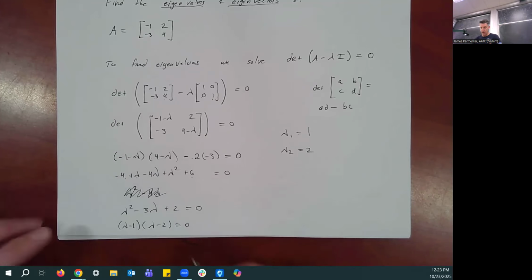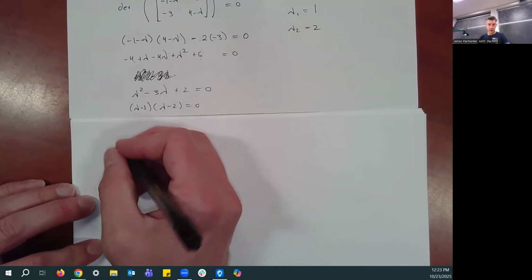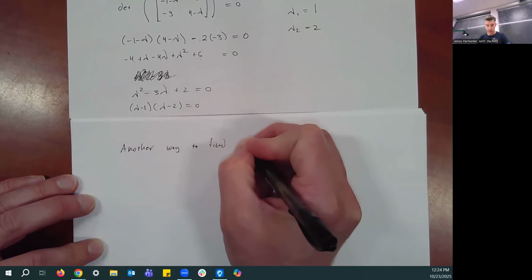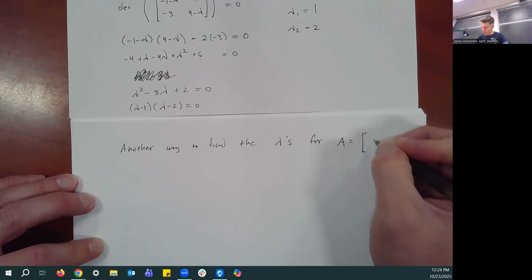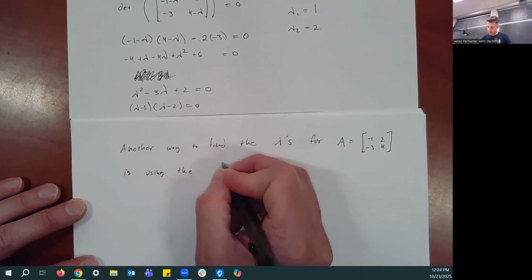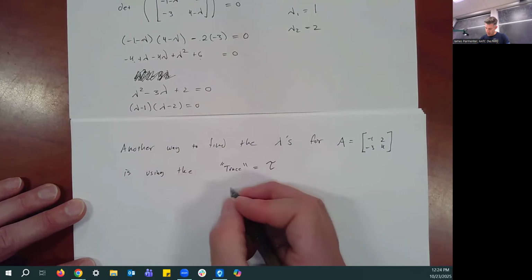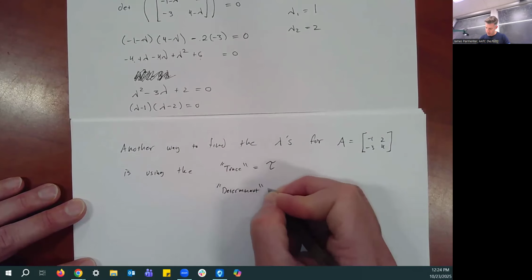This is a perfectly fine way of doing it, but just so you're aware, another way to find the eigenvalues, the lambdas, for this matrix A equal to -1, 2, -3, 4 is using the trace, which we usually use the Greek letter tau for, and the determinant, which we usually use the Greek letter capital delta for, which is just a triangle.